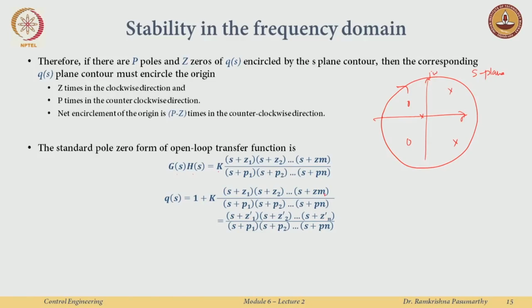This number will no longer be m, but n, because the numerator combines with the denominator: S plus P1 till S plus Pn plus K times S plus Z1 till S plus Zn, over again the open loop poles S plus P1, S plus P2, till S plus Pn. So this will be S power n in both, with n zeros and n poles.